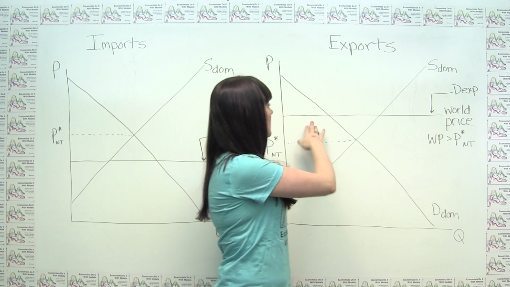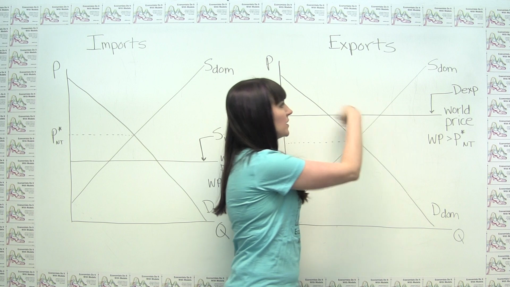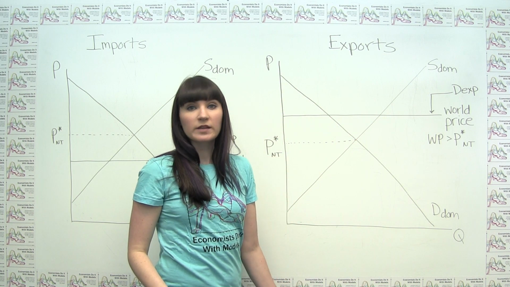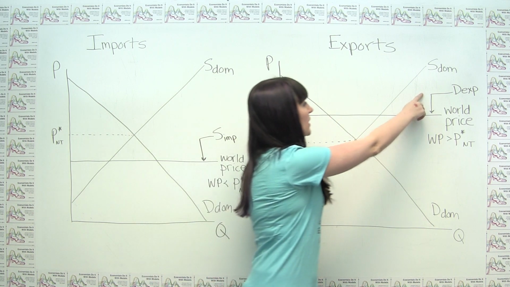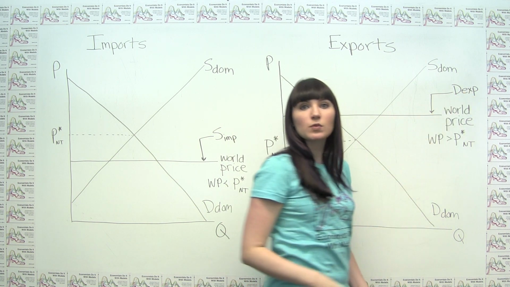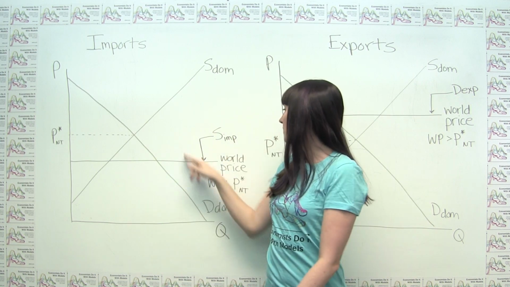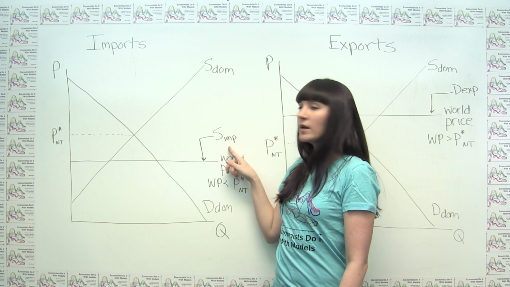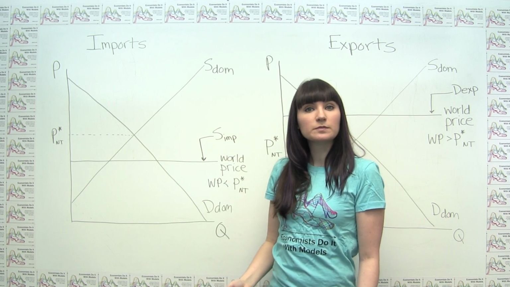You could also label the world price line in this context where we're exporting things as the demand for exports. Notice I've called that D sub EXP for exports here, whereas here we talked about S sub IMP for the supply of imports.